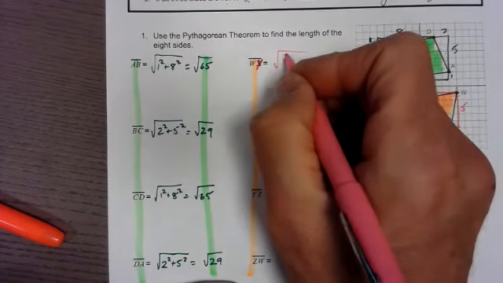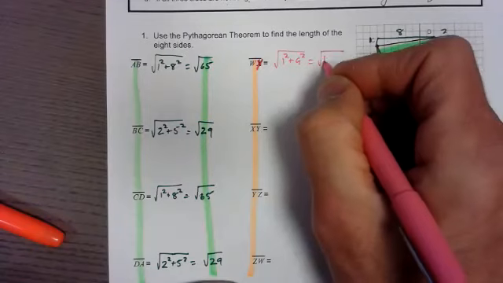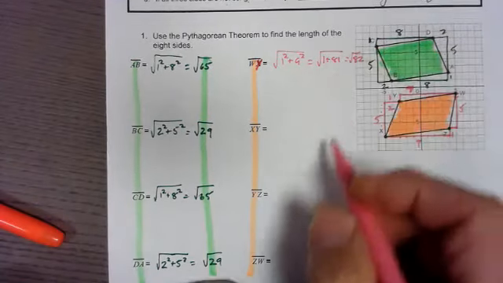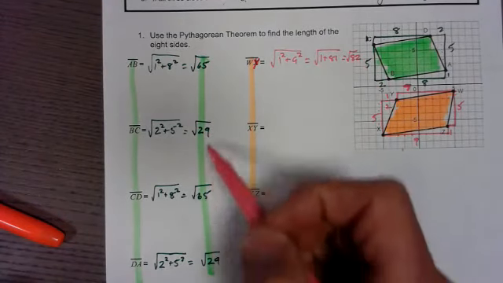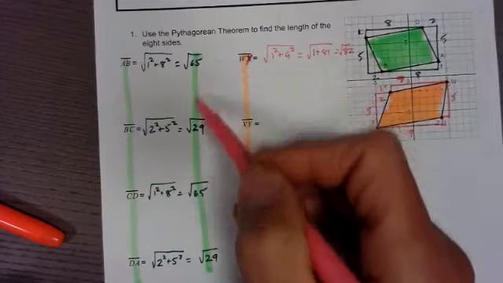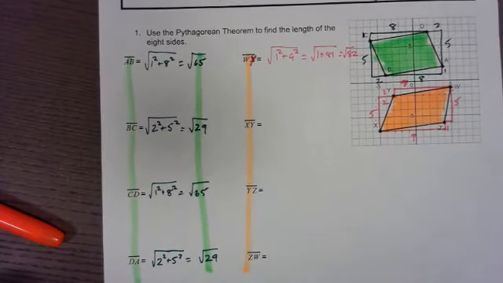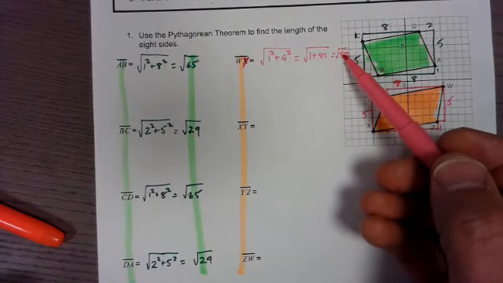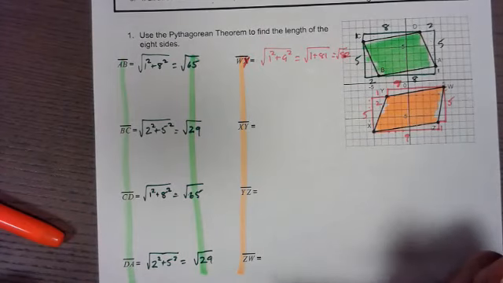The square root of 1 squared plus 9 squared equals the square root of 1 plus 81, which is equal to the square root of 82. Now, the square root of 82 does not match the side length of any of these sides over here. Therefore, they cannot be congruent shapes because I have to have something matching 82. Otherwise, it fails to work.